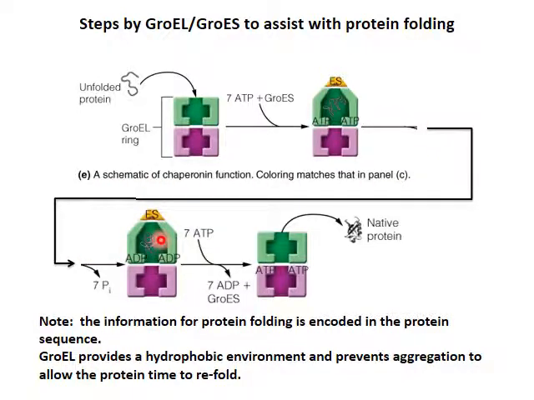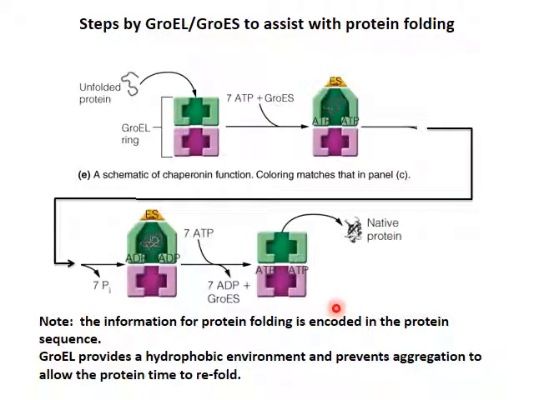So basically it captures the unfolded protein, binds ATP and GroES, which caps the one end. It allows the protein to fold through ATP hydrolysis, and then a displacement, losing ADP, allows the native protein to be exported back into solution.